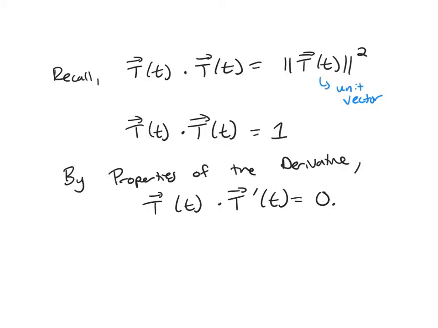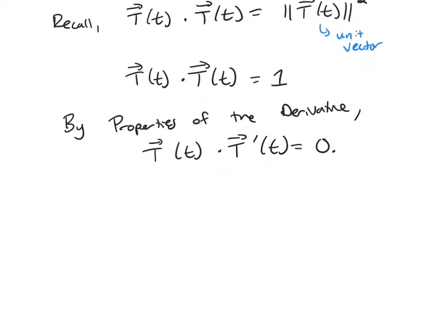So what does this tell us when the dot product is 0? It tells us that these vectors are orthogonal. So T prime is orthogonal to T.